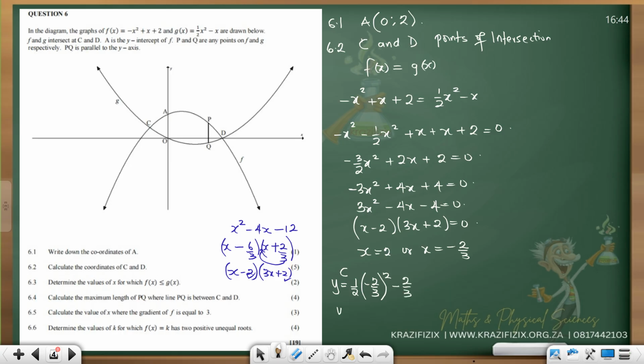Please, can somebody give me the y coordinate of that? And D, oh, D would be 2 and 0. But if you want to confirm, let's confirm. Half of 4 is 2, minus 2, 0. That doesn't even need any work. But just in case you didn't see it.